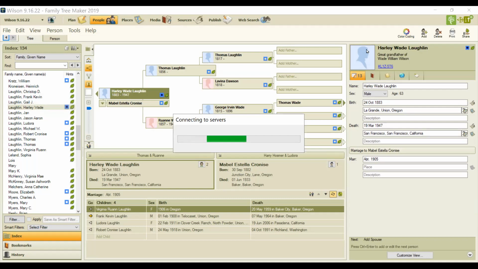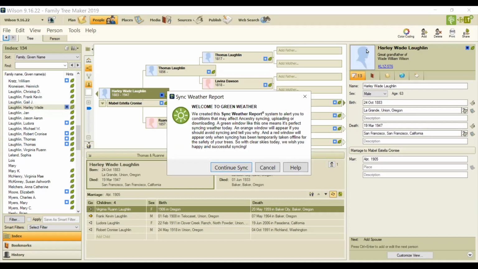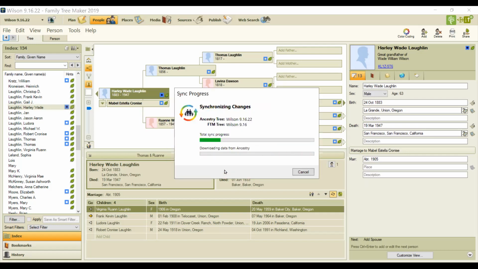And this is what you were talking about, Peggy. You know, that once you got Family Tree and Ancestry talking to each other, you can synchronize them at any point. They just have the same information. Welcome to Green Weather. This is a program that says, before we try to synchronize these, we'll just tell you that it's okay to do that because computers aren't messed up, or the internet isn't messed up, or anything else.